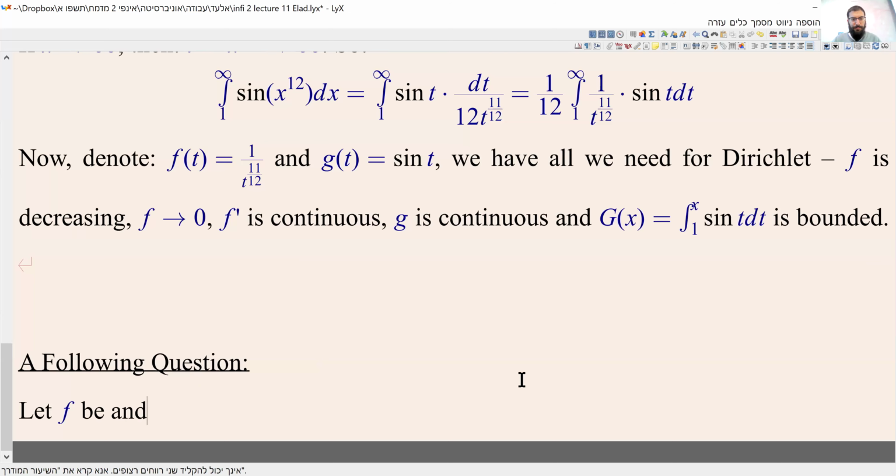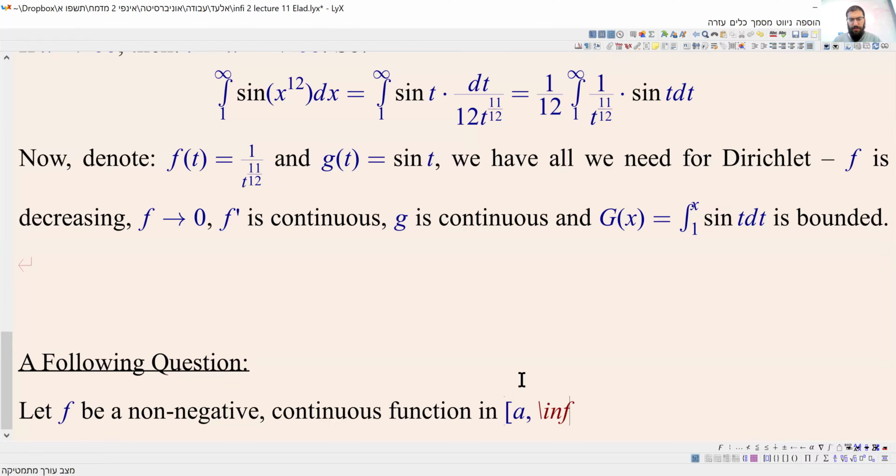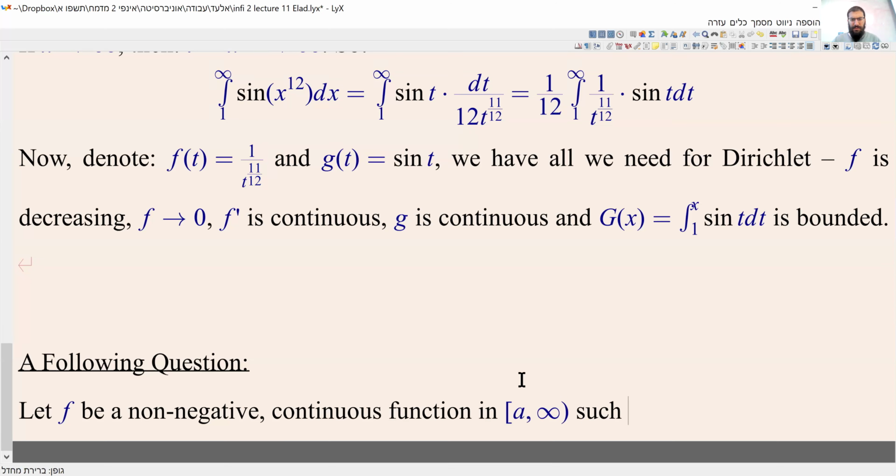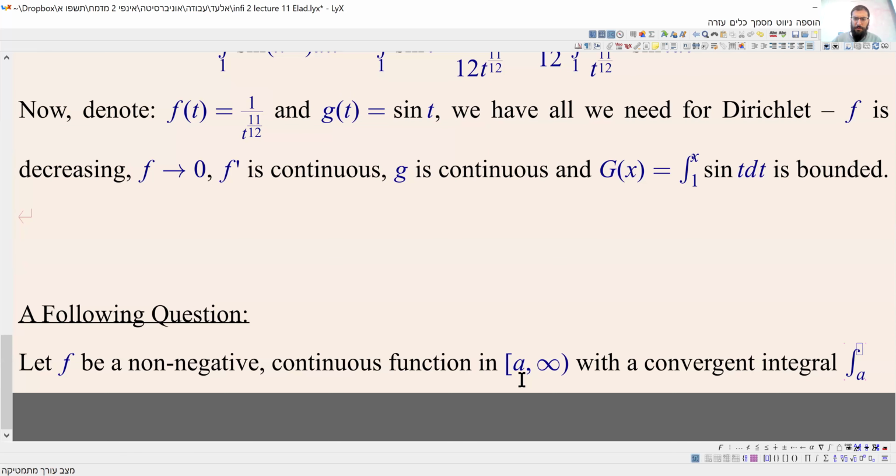The continuous decreasing positive function can be odd or even. Like, oh, no, it's not. No, I'm not talking about a symmetric segment. I'm talking about from A to infinity. A non-negative continuous function on the segment A to infinity with a convergent integral from A to infinity.